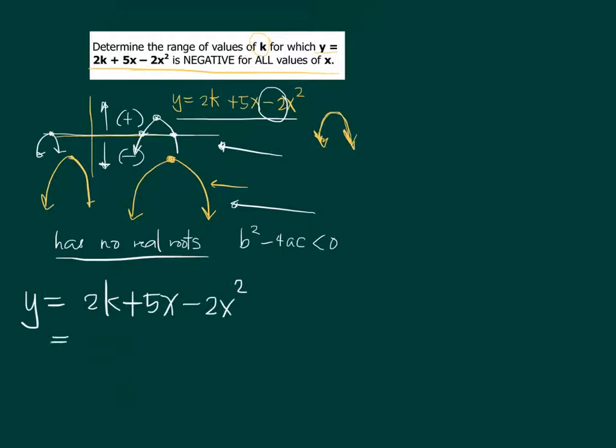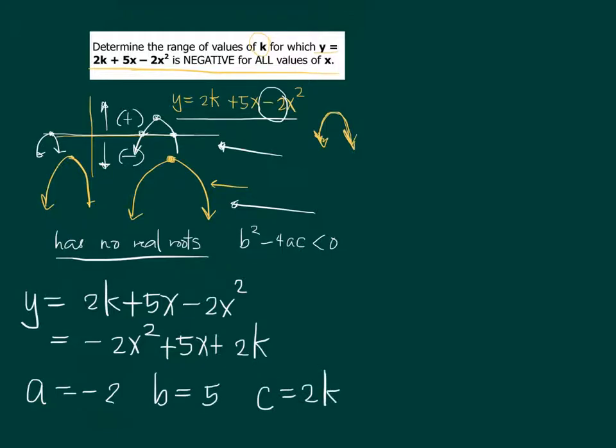If I arrange this, it is negative 2x squared plus 5x plus 2k, which means a should be negative 2, b should be 5, and c should be 2k.